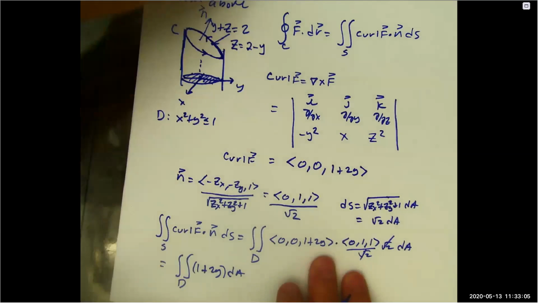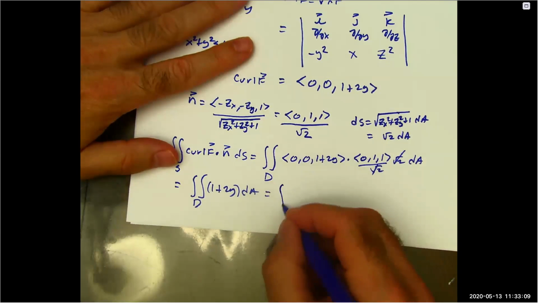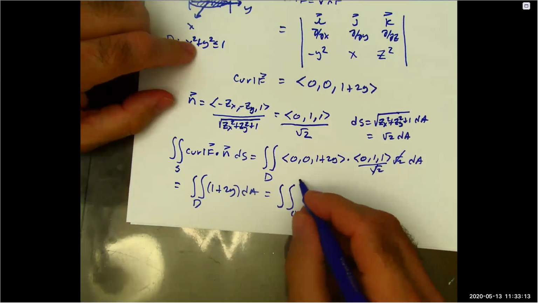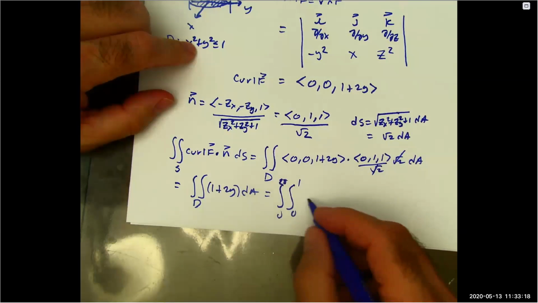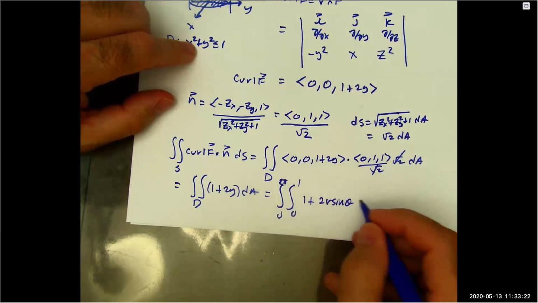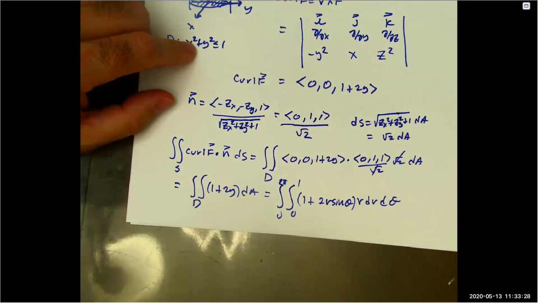So let's switch gears to polar. So in polar, we're integrating over this disk. So we have 0 to 1 and 0 to 2 pi. And the 1 plus 2y is going to become 1 plus 2r sine theta. And then we're going to multiply that by the r dr d theta. So we just have to evaluate that.